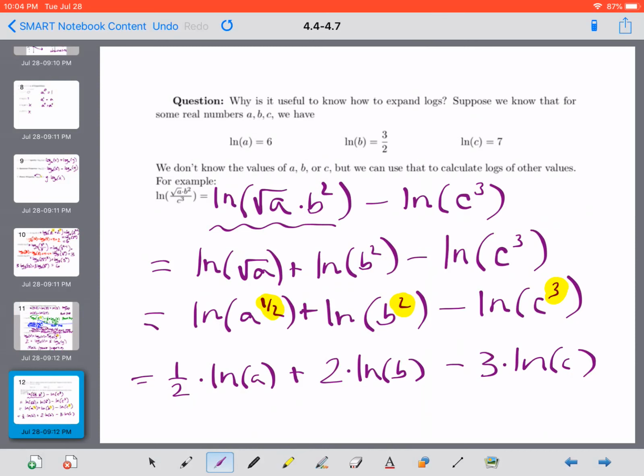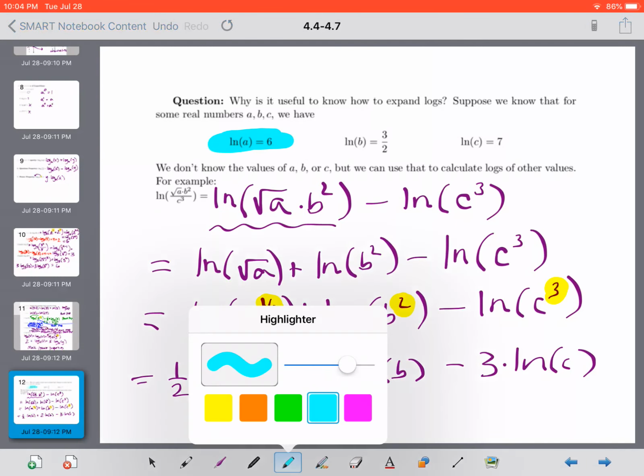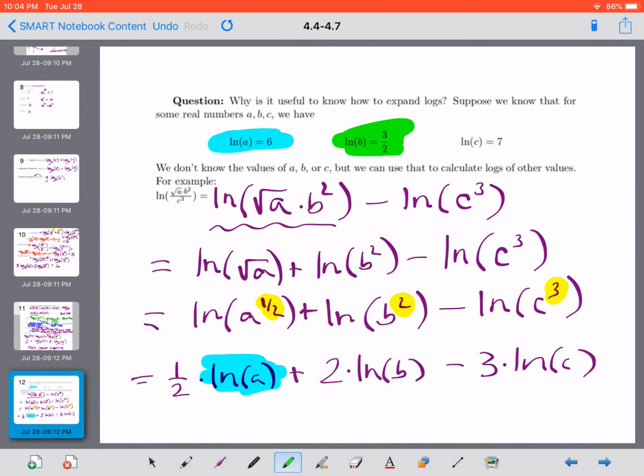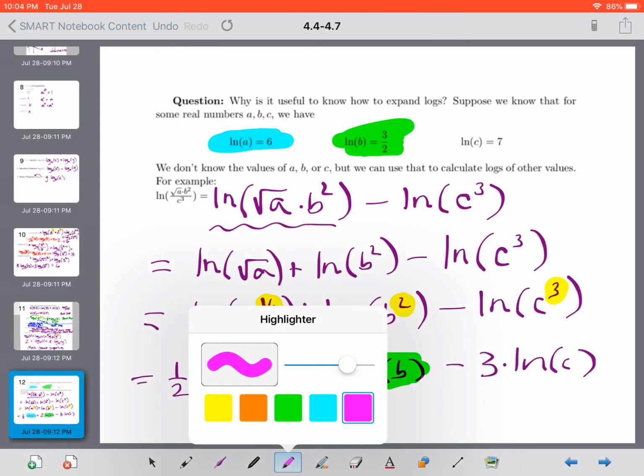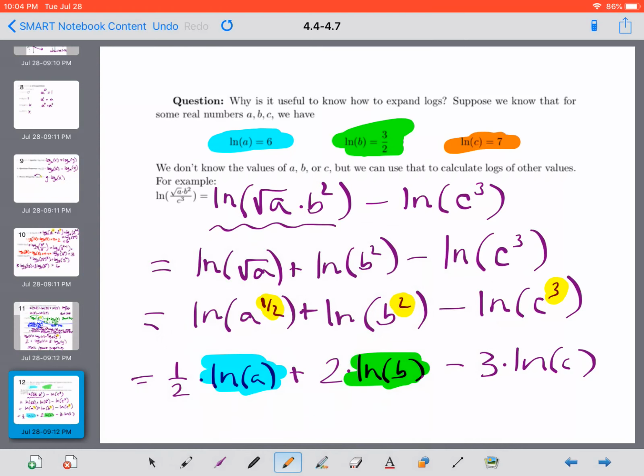And I can find the exact value of this because I know that ln of a is equal to 6. And I know ln of b is equal to 3/2. And I know, let's try orange, ln of c is equal to 7. So rewriting this one more time, I can get rid of the ln's altogether, and I have 1/2 times 6 plus 2 times 3/2 minus 3 times 7.